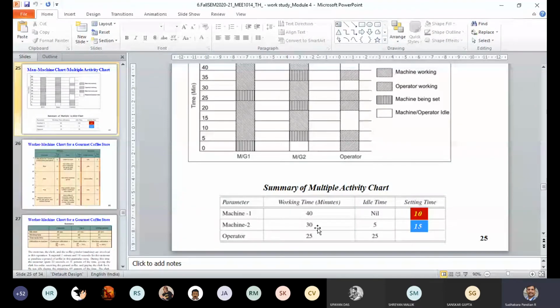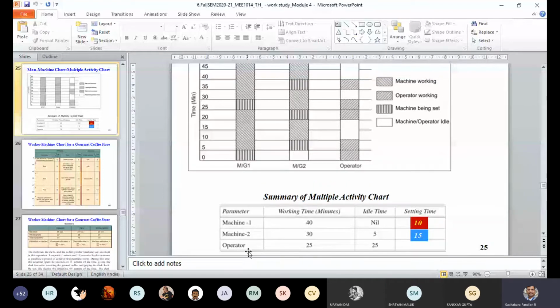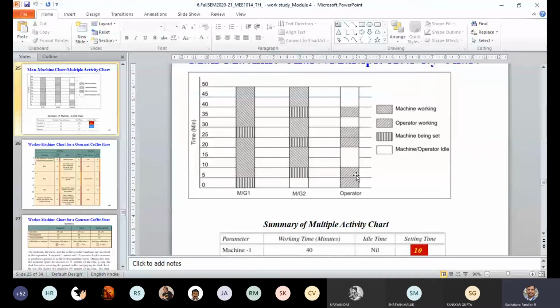Then machine 2 has 30 minutes total working time, whereas 5 minutes is the initial idle time, the white color box. Setting time is 15 minutes, because there are three places where you have a vertical line. Then the operator has 25 minutes working time, because of loading, unloading and all this.